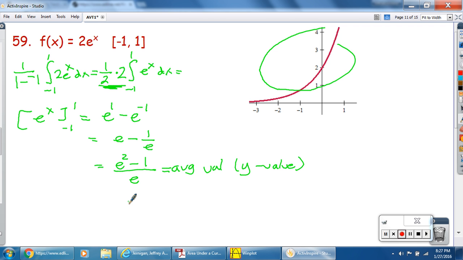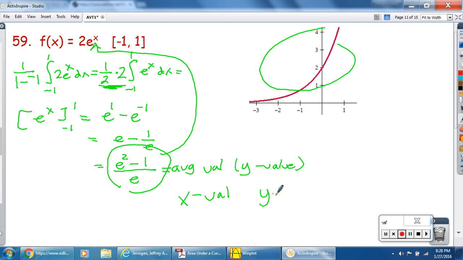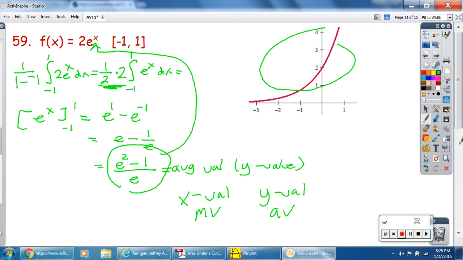And then to get the mean value, we would take the average value, e squared minus 1 over e, and set it equal to the function 2e to the x and solve, and that would give us the mean value. The x value is the mean value. The y value is the average value. So the x value, the mean value, is the input. The average value is the output.